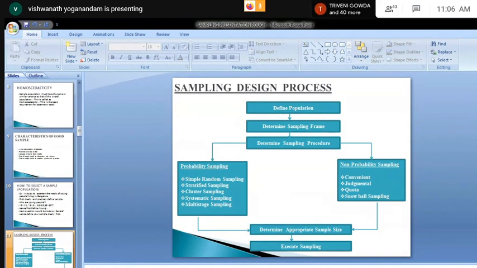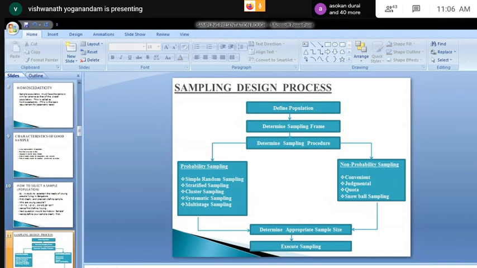There is a concept called the parametric test. Parametric test means use of normally distributed variables. So if you want to collect normally distributed variables, then you can use probability sampling: simple random sampling, stratified sampling, cluster sampling, systematic sampling, and multi-stage sampling.